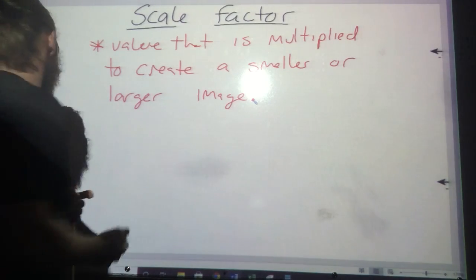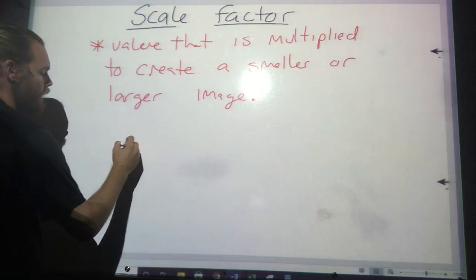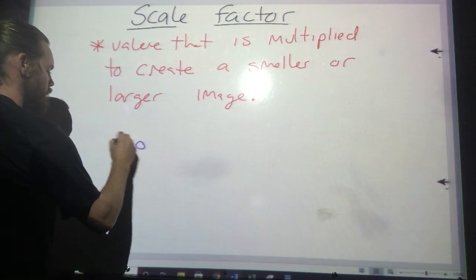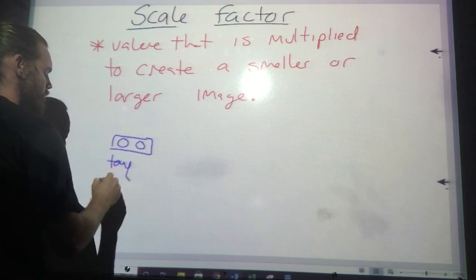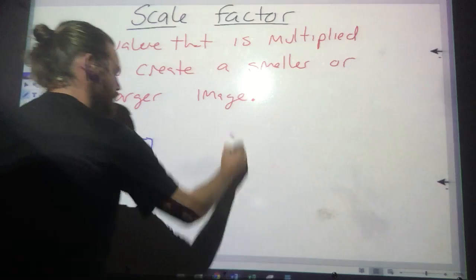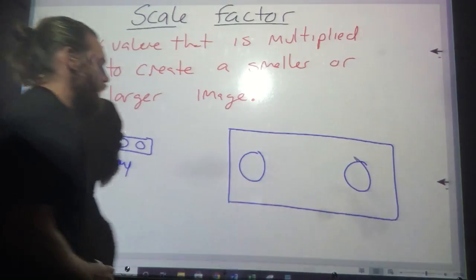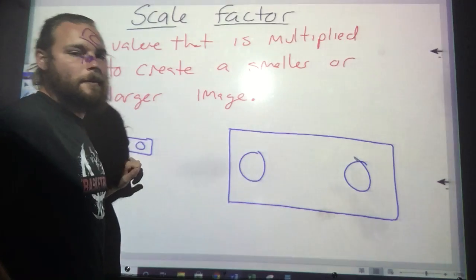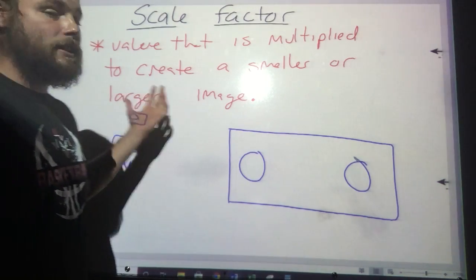Okay? So for example, you guys have seen toy cars, right? I'm just going to draw a quick toy car. Not very great, I know. But you have a toy car, okay? This toy car is based off of an actual regular size vehicle. Now, to get from that toy's dimensions to the actual car's dimensions, you use what is called a scale factor, okay?